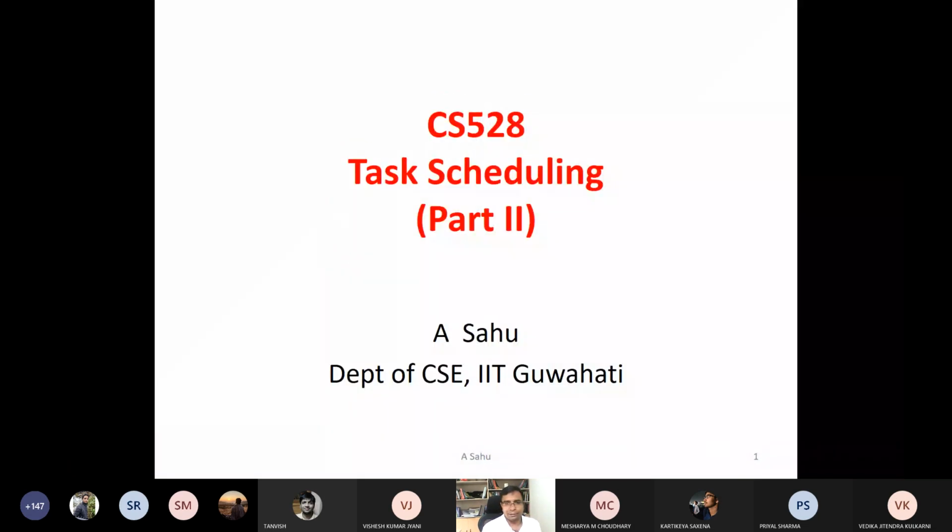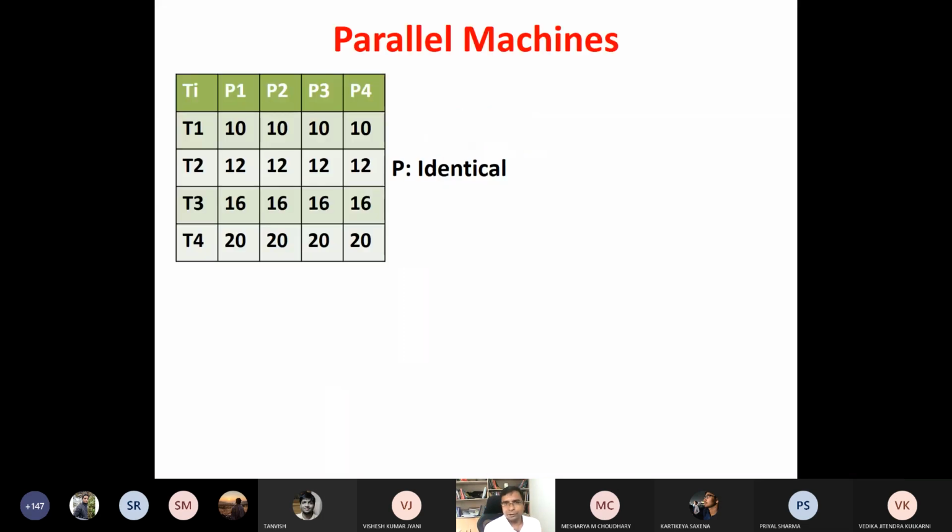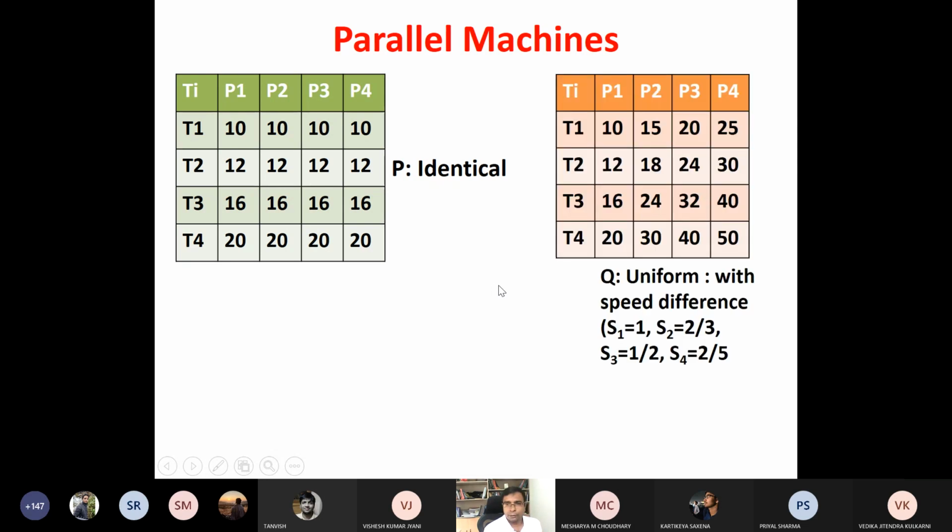So again, the task scheduling part. This thing we have already discussed. Quickly going through: for parallel machines, tasks and processors, in identical machines the task execution time doesn't vary with the processor.